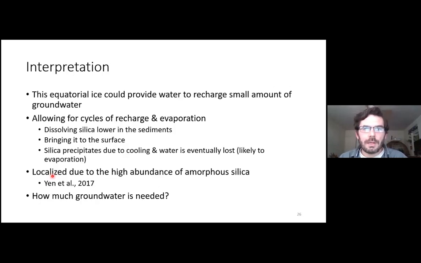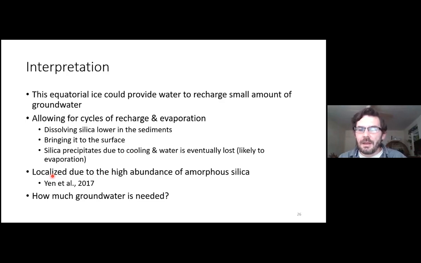So the thought is equatorial ice could provide water that might recharge a small amount of groundwater, allowing for cycles of recharge and evaporation. This could dissolve silica lower in the sediments and bring it to the surface, and then the silica would precipitate, most likely due to cooling, and then water would eventually be lost due to evaporation.